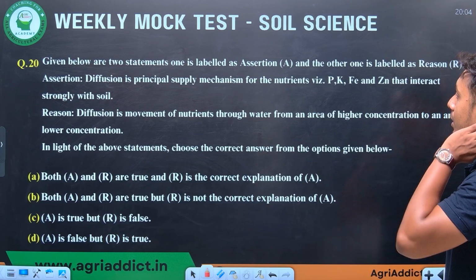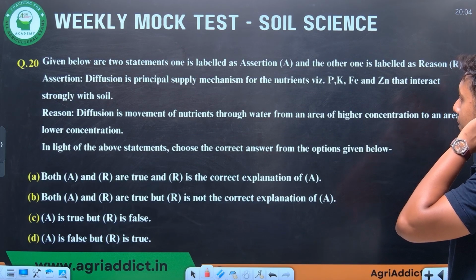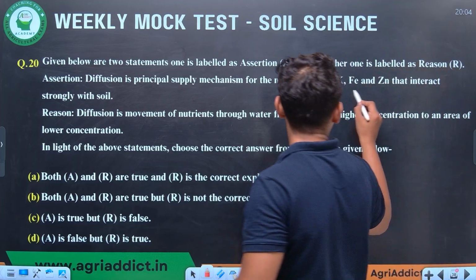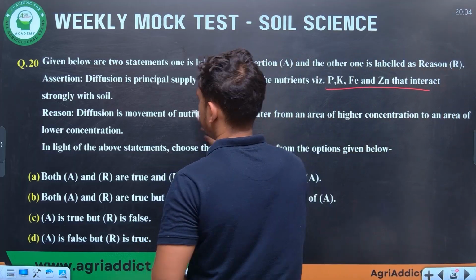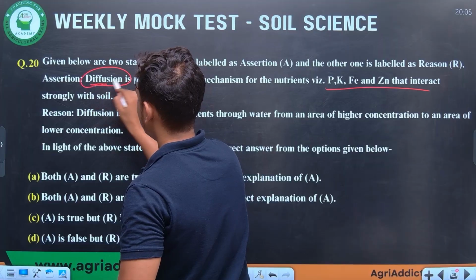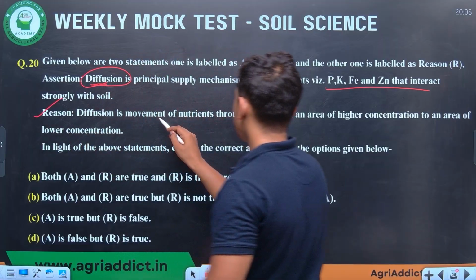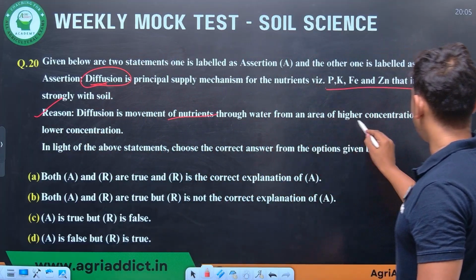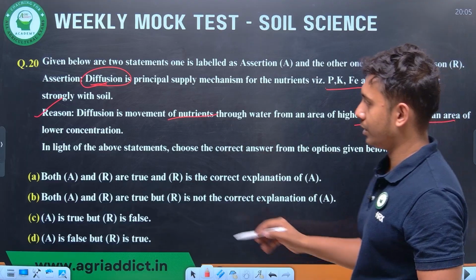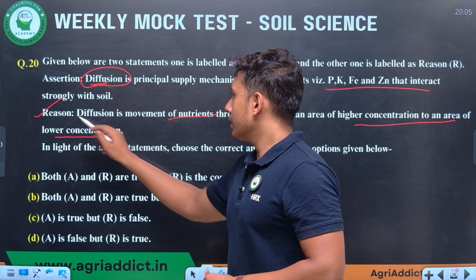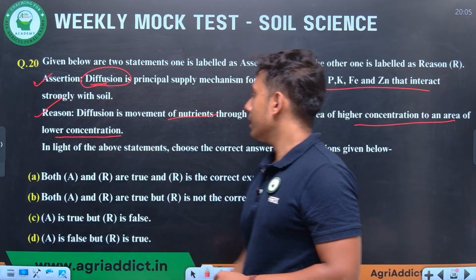Now comes the statements. Diffusion is a principal supply mechanism for the nutrients P, K, iron and zinc. Yes, this is true. And the reason is diffusion is movement of nutrients through water from an area of higher concentration to lower concentration. This is a perfect explanation.